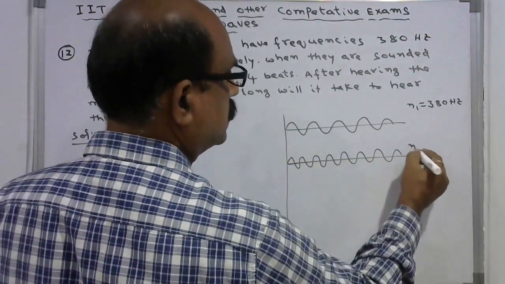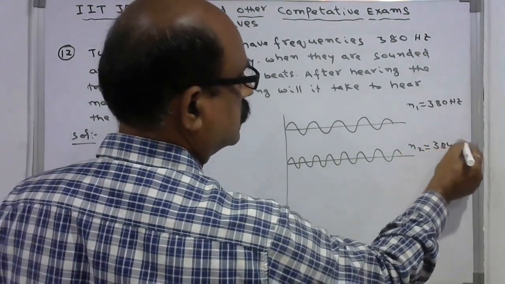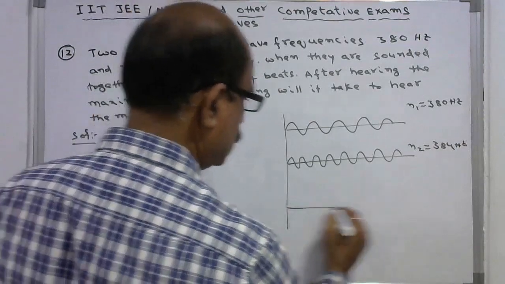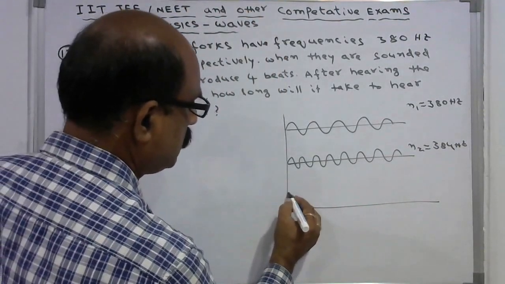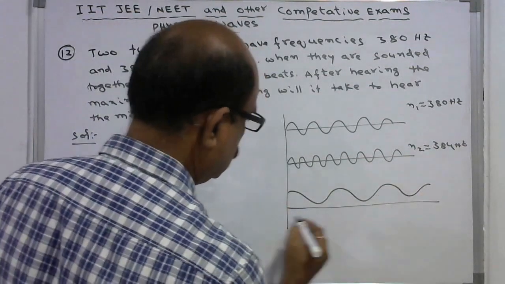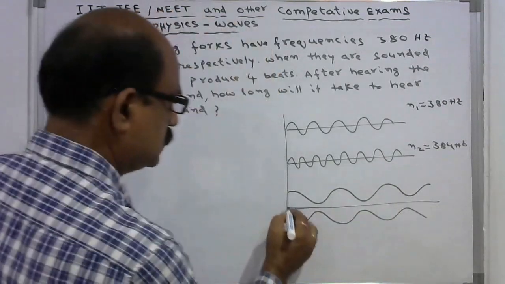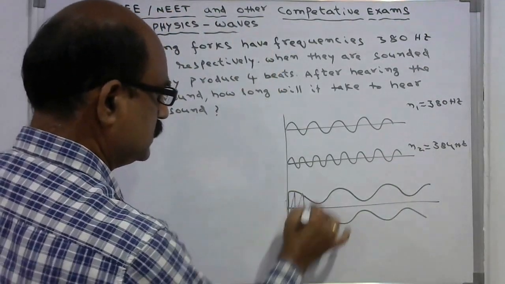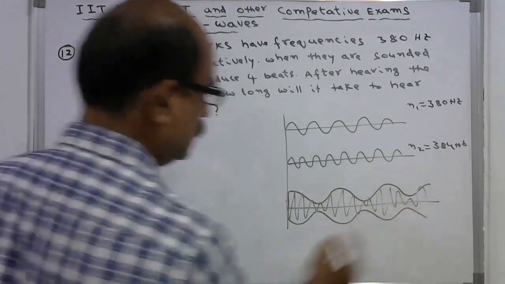So N2 is equal to 384 Hz. When these two are superimposed, you will be getting a maximum sound, minimum, maximum, minimum, maximum, like this. You will listen to a sound like this. So waxing, waning, waxing, waning, waxing, like this.